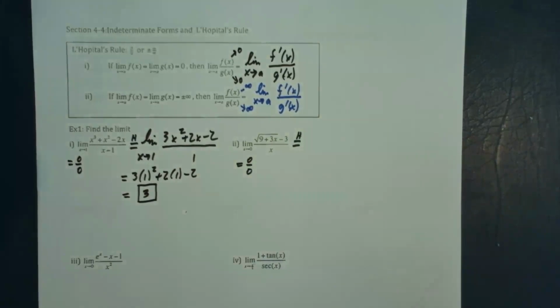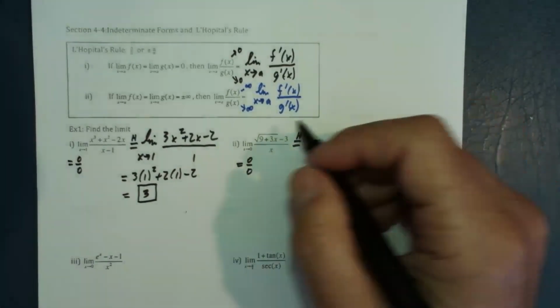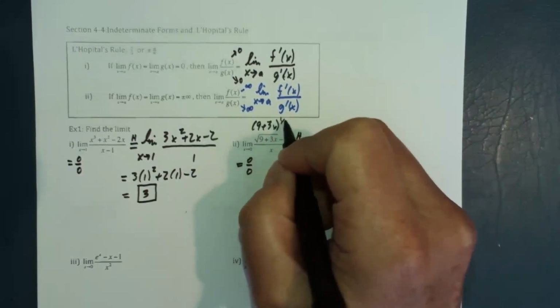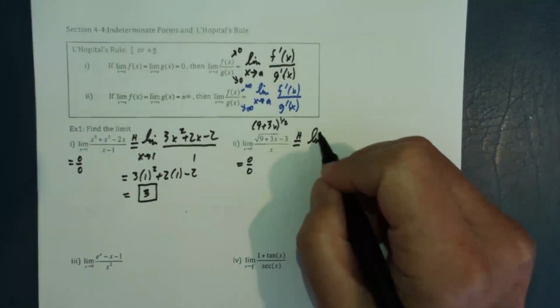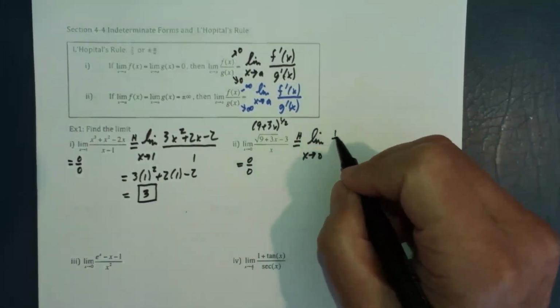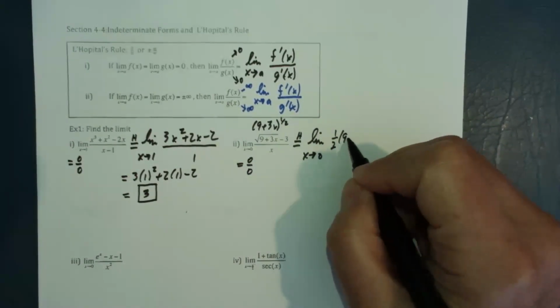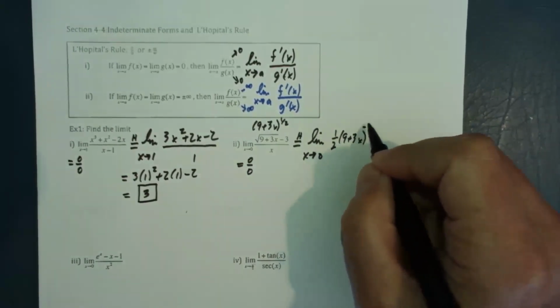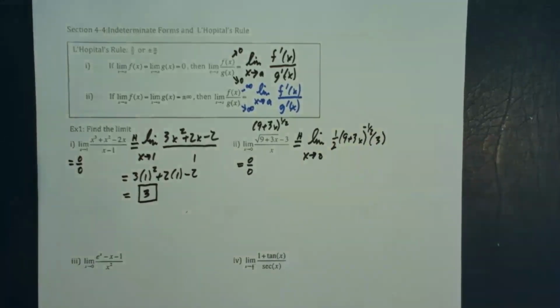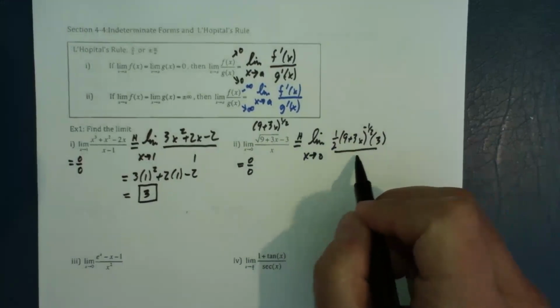So I'm going to apply the derivative. And remember, this is 9 plus 3x to the 1/2 power. So the limit as x approaches 0 becomes 1/2 times 9 plus 3x to the negative 1/2 times 3, for the chain rule, right? Because the chain rule is in there. Divided by 1, which is nice.